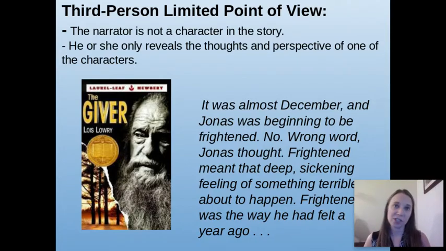We can only see Jonas's thoughts, and we can only see where Jonas is. For instance, in the book, you never see what the chief elder is thinking. You never see what Asher is doing in his dwelling. We can only see what Jonas would be experiencing. So that's third person limited because it's limited to the main character.